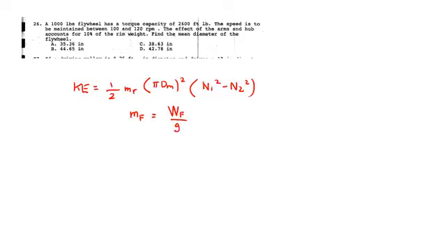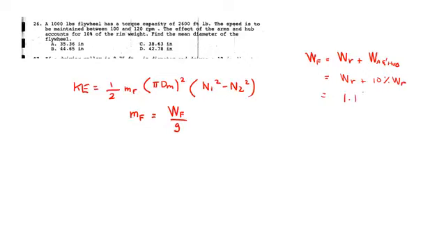Since we are given that the effect of the hub and arms accounts for 10% of the rim weight, and we know that the weight of the flywheel is equal to the weight of the rim plus the weight of the arms and hub, the weight of the rim plus 10% of the weight of the rim is 1 plus 10%, which is 1.1.